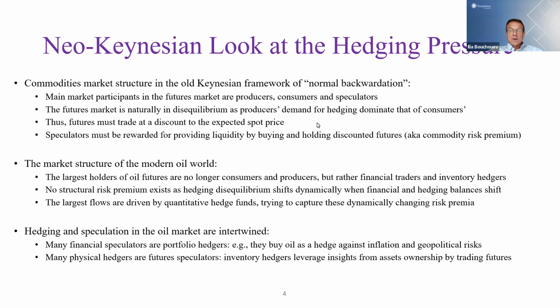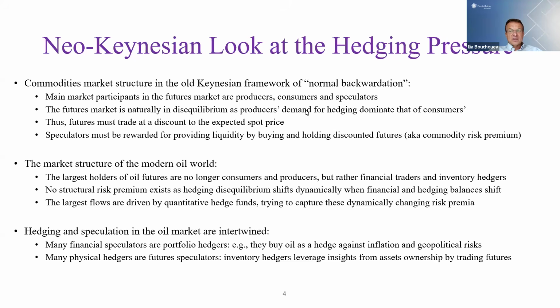The largest market participants are no longer consumers and producers, but rather financial traders more on the long side and inventory hedgers on the short side. And again, I will differentiate between true producers and inventory hedgers, and I'll explain shortly why.